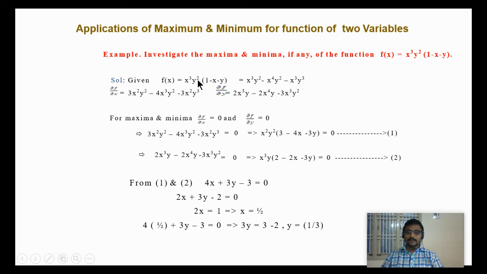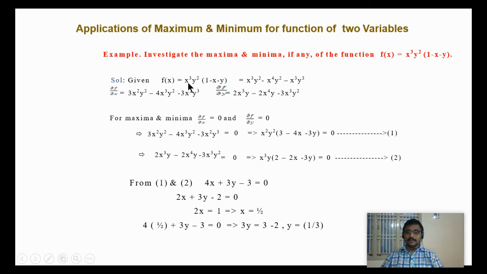So x cube y square derivative is 3x square y square, because y square is constant and x cube derivative is 3x square. Next, negative x power 4 y square derivative is negative 4x cube y square, because negative y square is constant and x power 4 derivative is 4x cube.